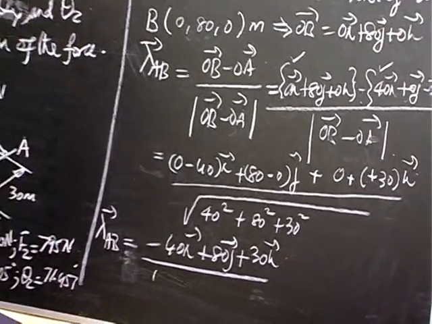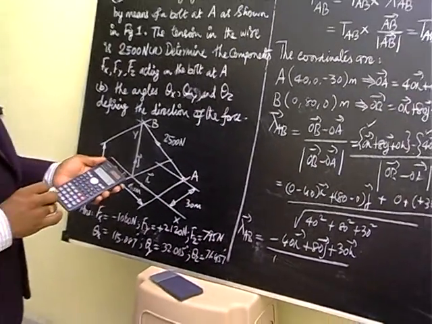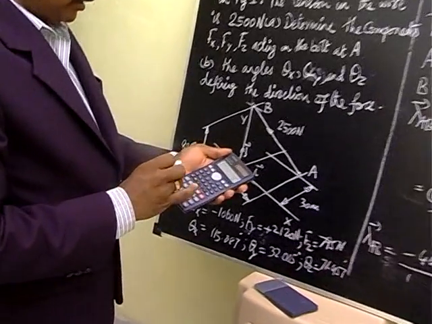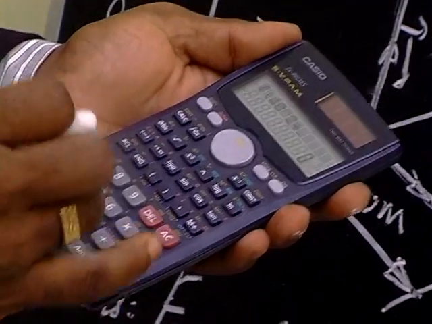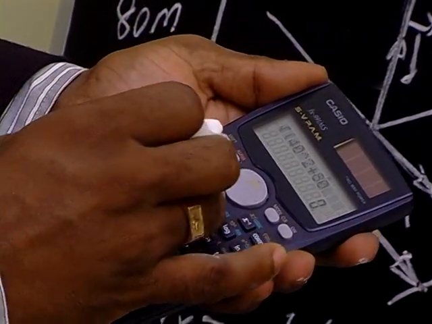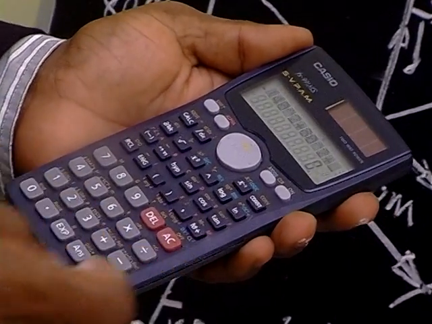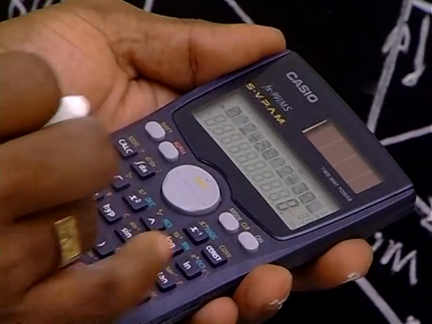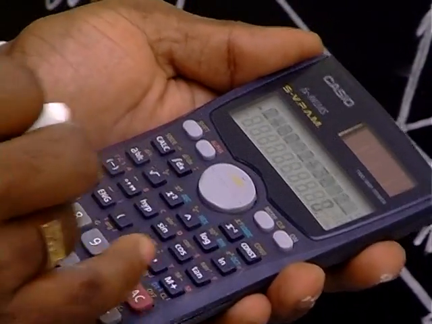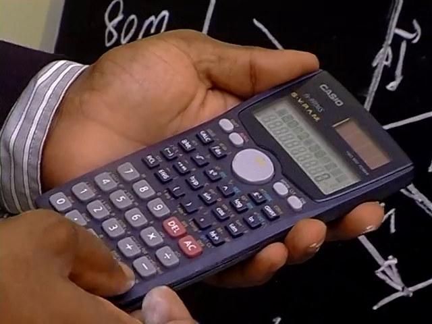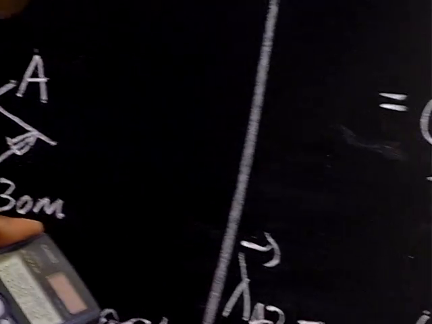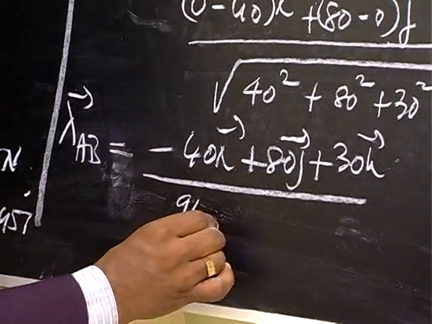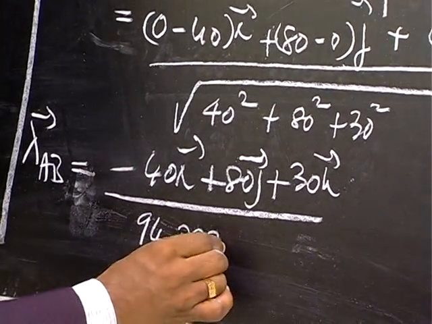So it's square root of 40 square plus 80 square plus 30 square, which comes to be 94.339.